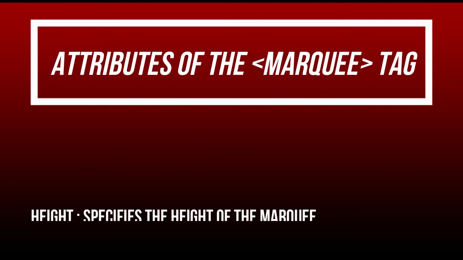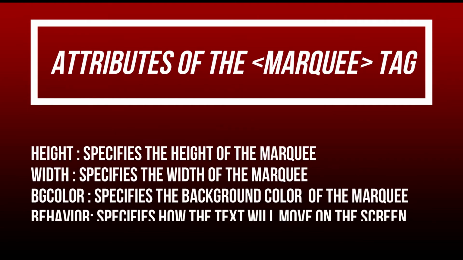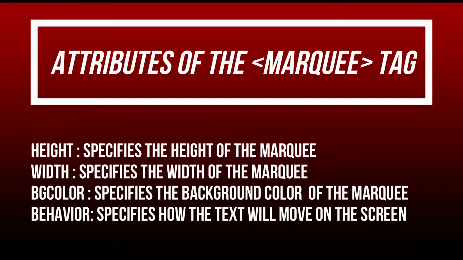The attributes of the MARQUEE tag are, number one, height, which specifies the height of the MARQUEE; width, which specifies the width of the MARQUEE; BG color, which specifies the background color of the MARQUEE text; and behavior, which specifies how the text will move.